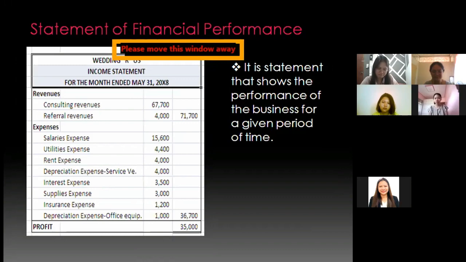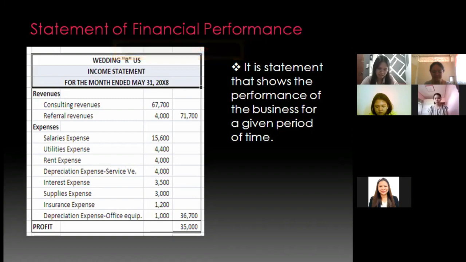So next financial statement is statement of performance or income statement. Same lang yan. So ipinapakita ng financial statement na to yung performance ng negosyo kung may profit ba or loss at the end of the period.